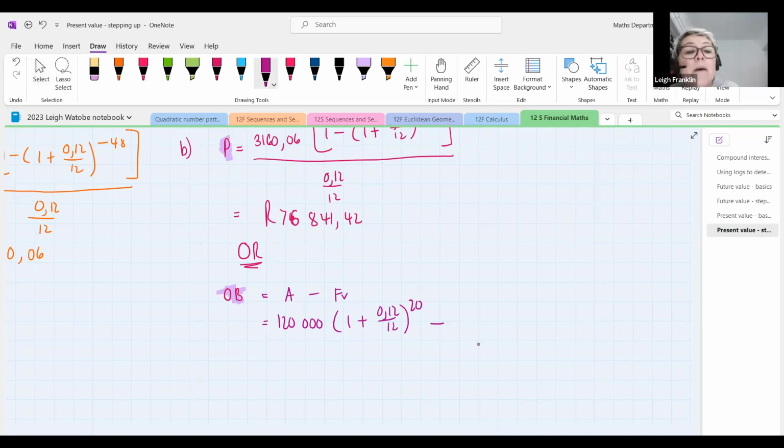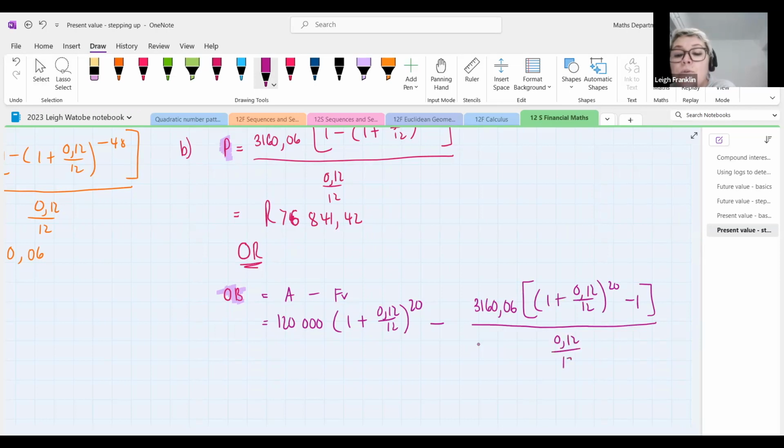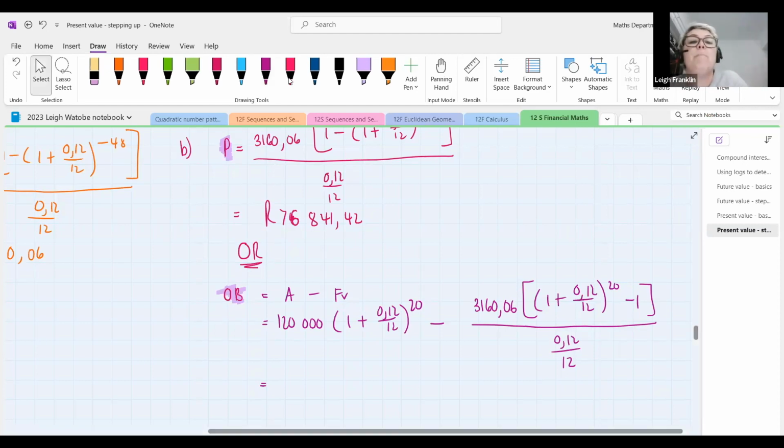Our monthly payment, we know from part A, was 3160.06. 1 plus 0.12 over 12, to the power 20, minus 1, over 0.12 over 12. Now we're going to work out the answer to this. So it is a different method.